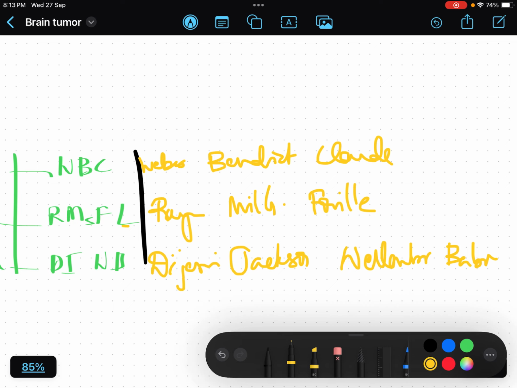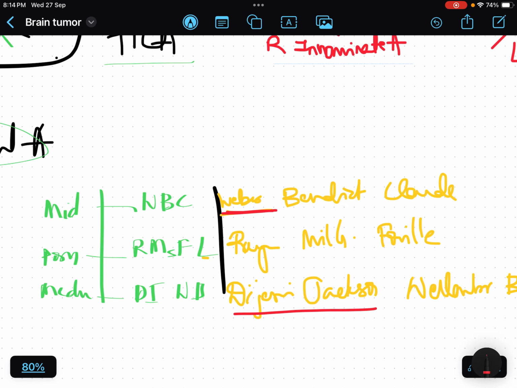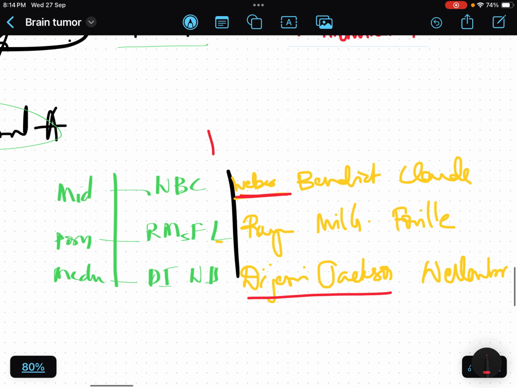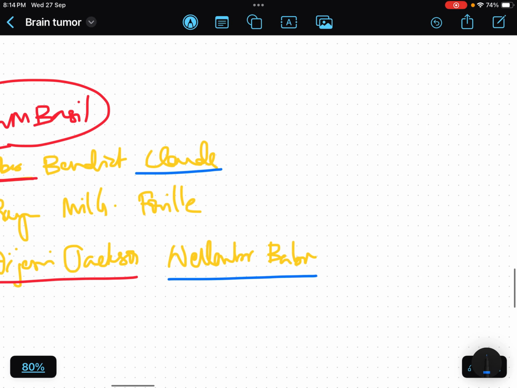As Weber will be a medial structure, Dejerine will be medial structures. So medulla, medial, all medial: you will have paramedian basilar artery occlusion. Along with that, lateral. Now we will do lateral. Claude is lateral. These two will be lateral.